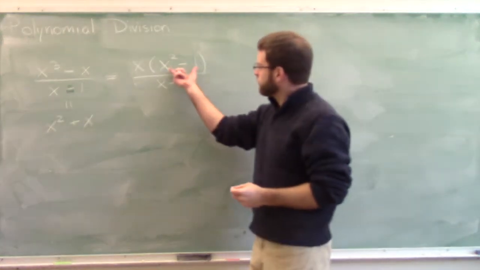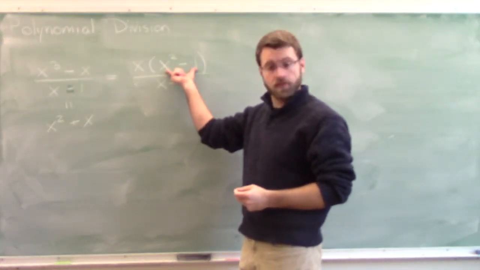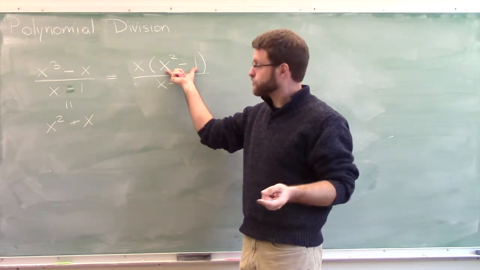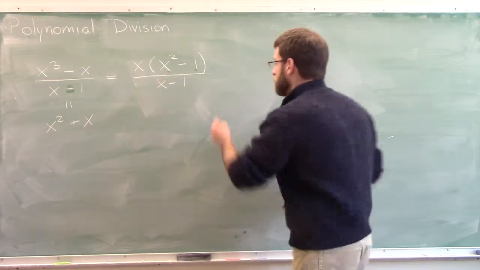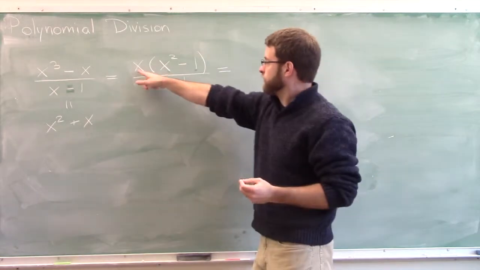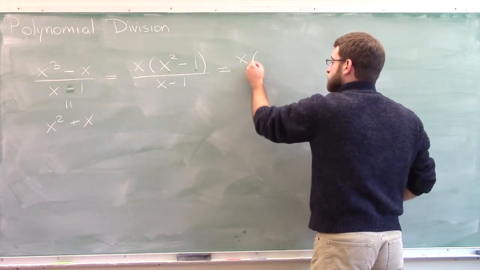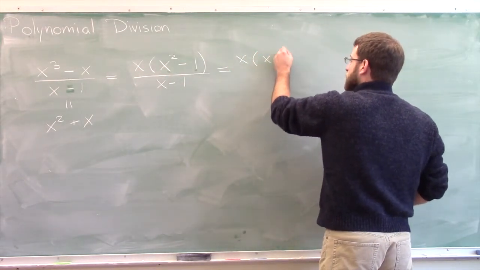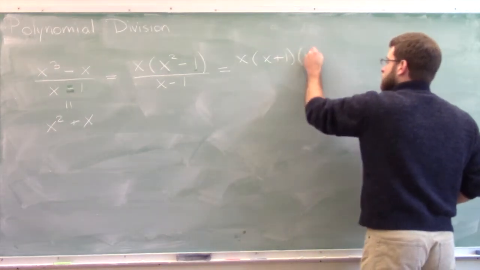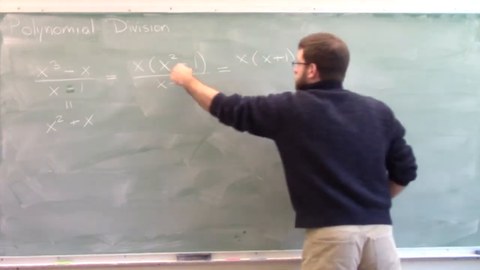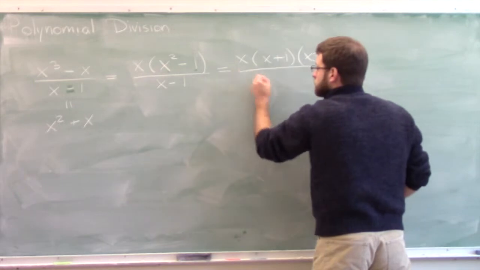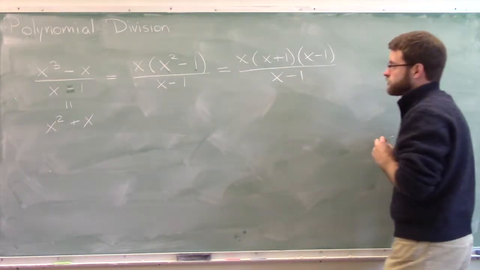And then if we recognize that this is a difference of 2 squares, we can factor a little bit further. So we have x multiplied by x plus 1, x minus 1, to factor this difference of 2 squares, divided by x minus 1.